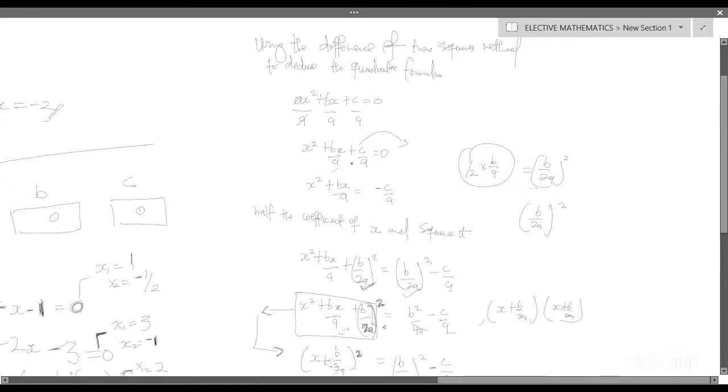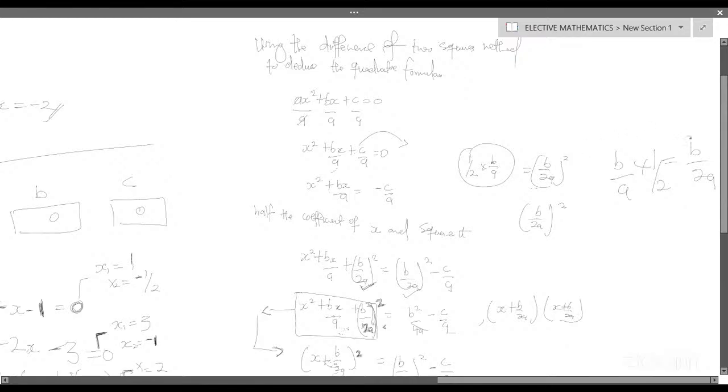So b over a. When you say bx over a, it includes the x. So b over a. So when we say we are halving b over a, it means we are multiplying b over a by half. And when we multiply this, by simple basic maths knowledge, you should know that this is b over what? Over 2a. But we didn't say just half, we said we will halve and square it.